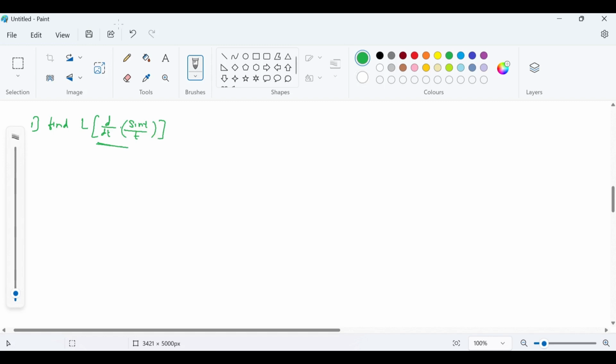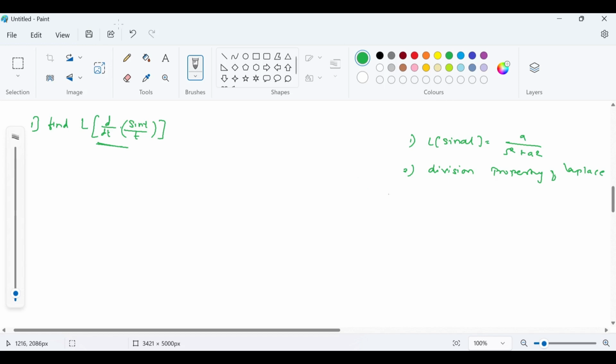Now, what formulas are we going to use here? Laplace of sin a t will be a upon s square plus a square. This formula we are going to utilize. Then we are also going to use one property, the division property of Laplace.